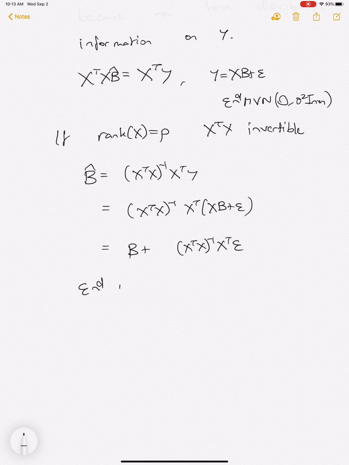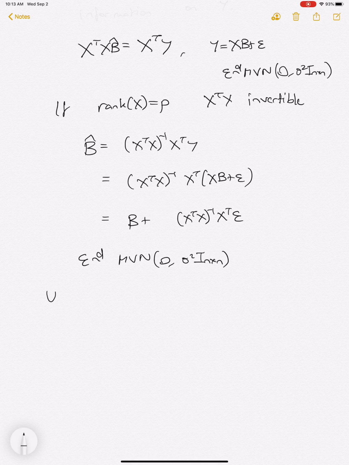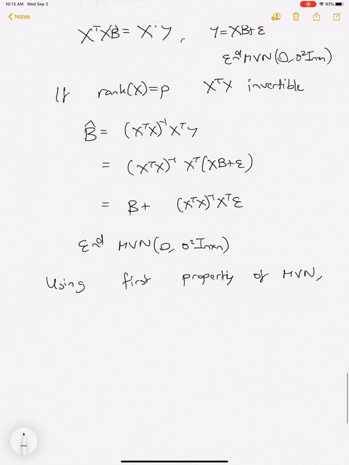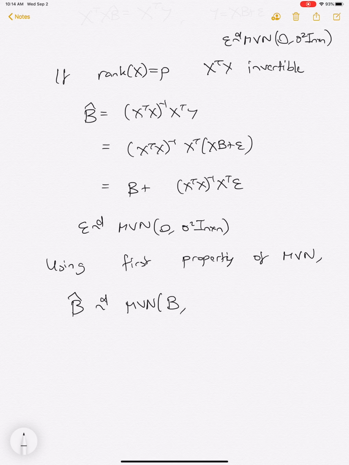Using the first property of multivariate normals, we can say that b hat is going to be a multivariate normal distribution with mean b, and the covariance is going to be X transpose X inverse X transpose, so you can think of this now as your overall A matrix, then the covariance of epsilon, and then the transpose of that, which is X X transpose X inverse.